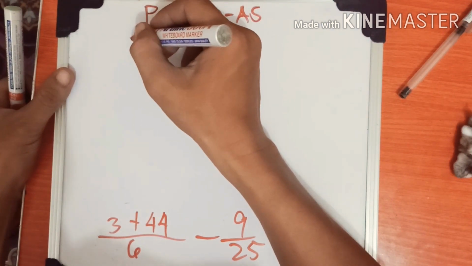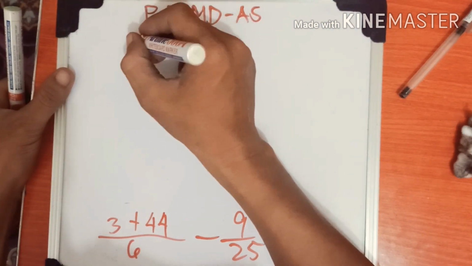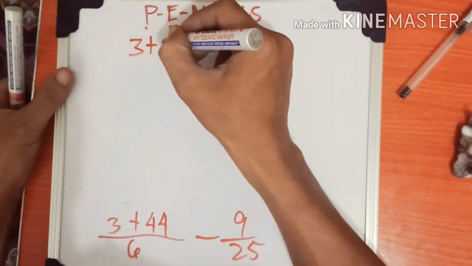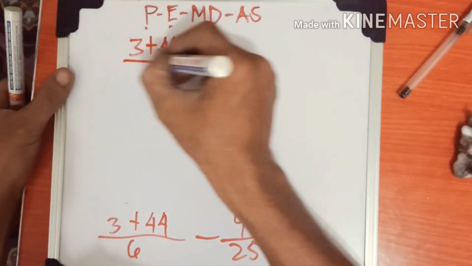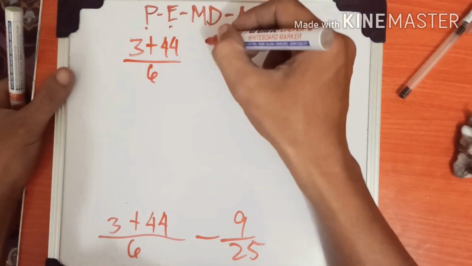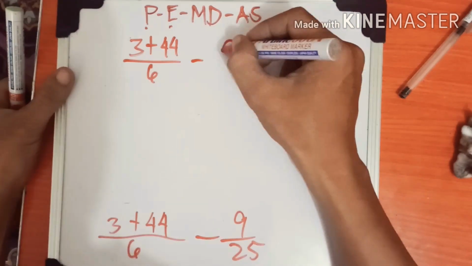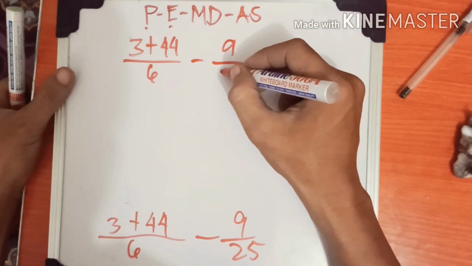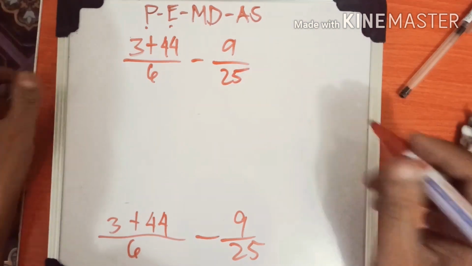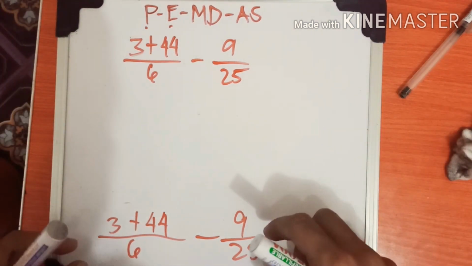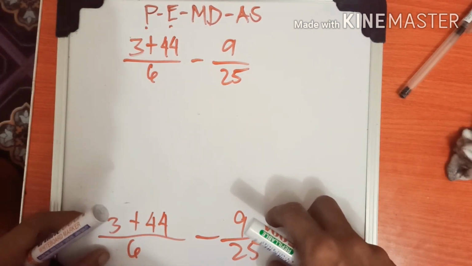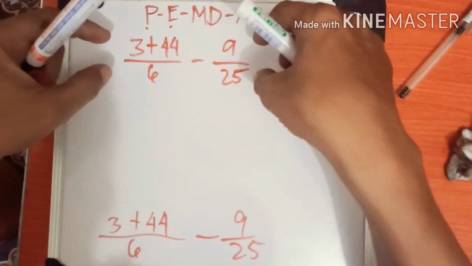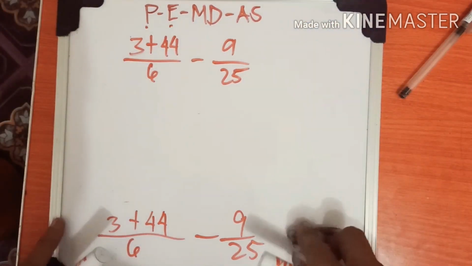We have a space to solve. 3 plus 44 over 6, then the negative of 9 over 25. We are transferring this problem up to have some space.